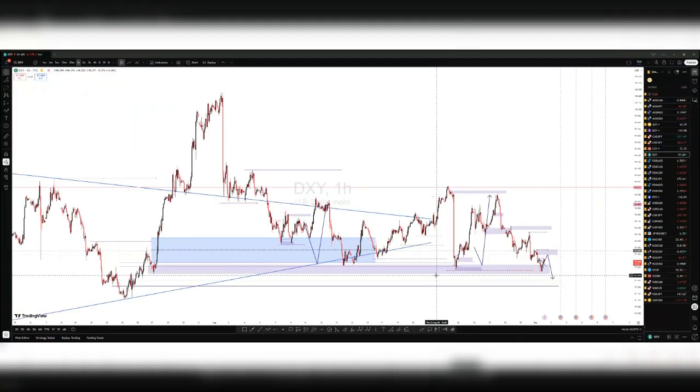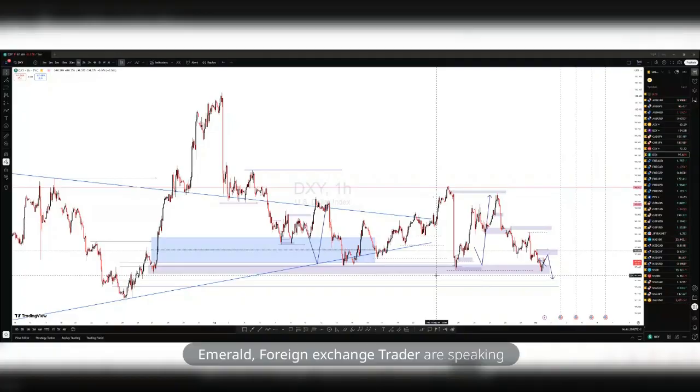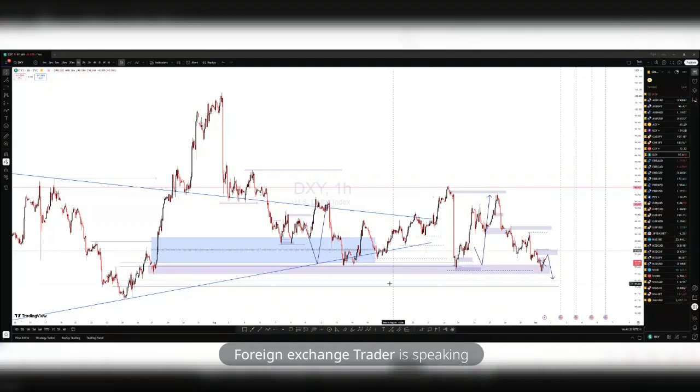Because we can see it has just approached a major order block, which confirmed it at 3 key levels. So we can consider it a strong level.